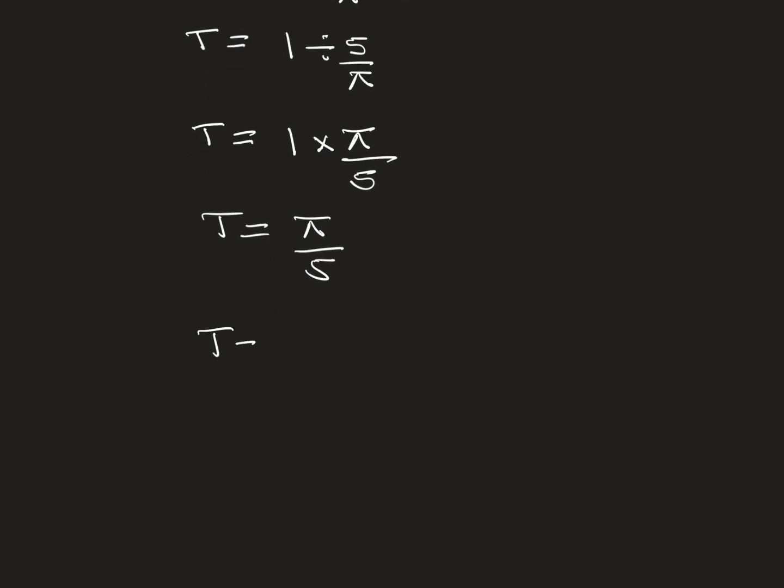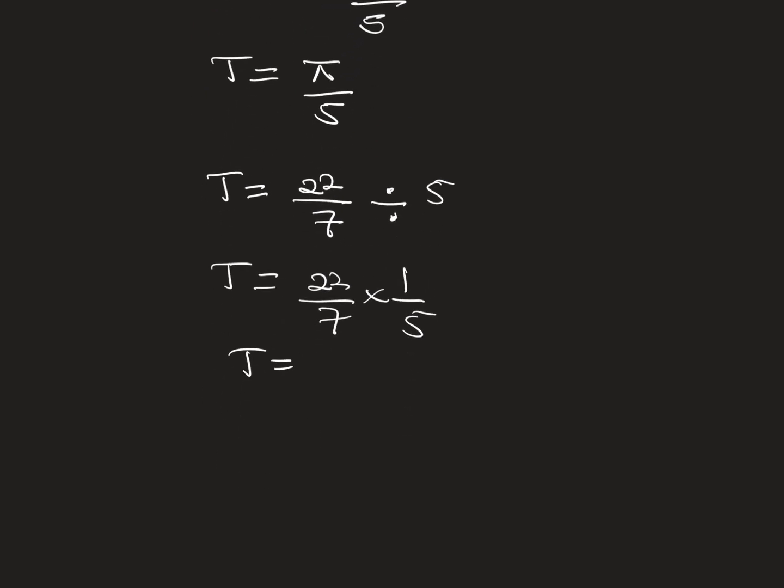If you want to leave your answers in pi, that is how it is going to be. But if you want to substitute the values, pi is given as 22 over 7. So it will be 22 over 7 times 1 over 5, which is 22 over 35, and that will be 0.63 seconds.